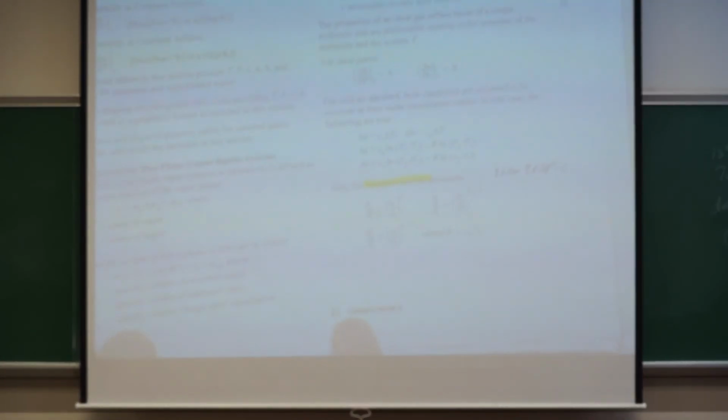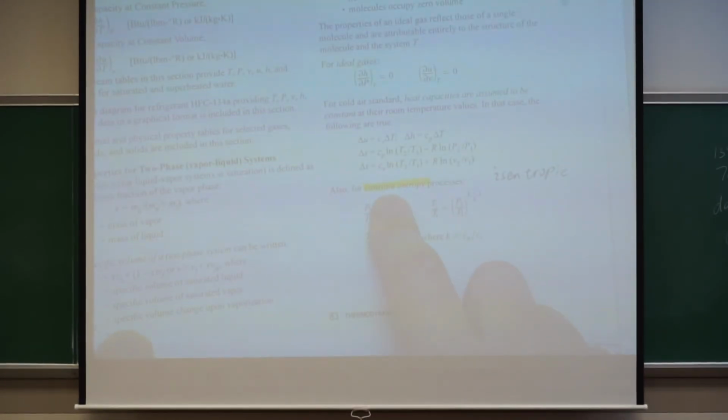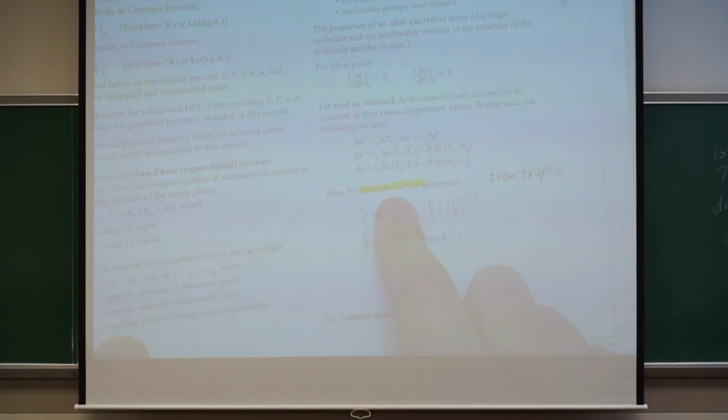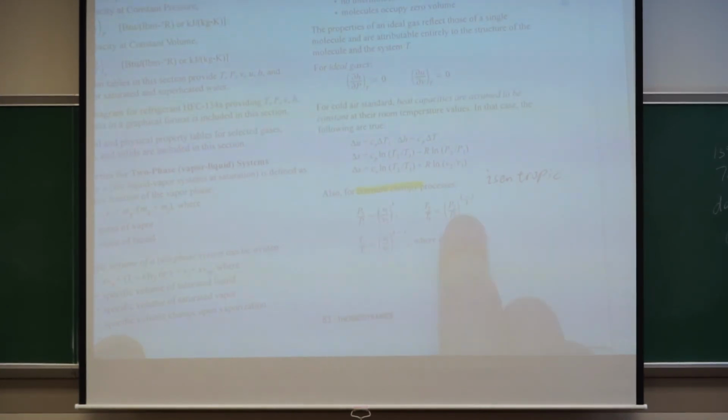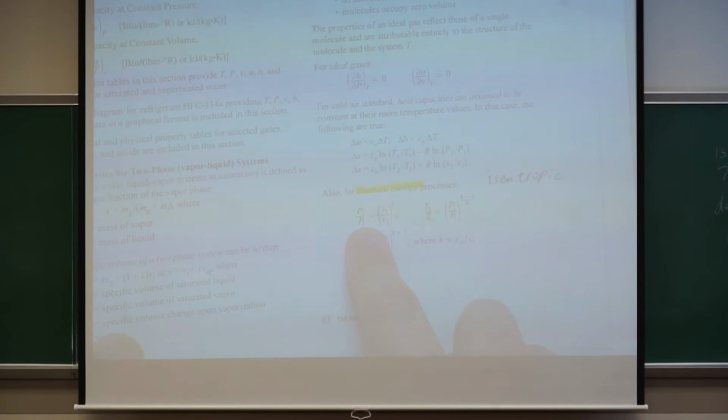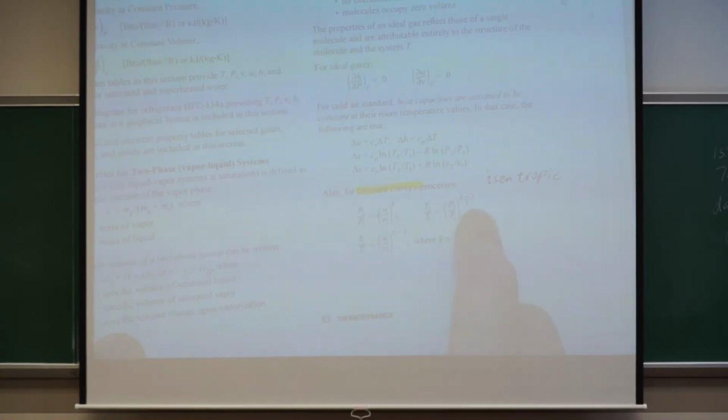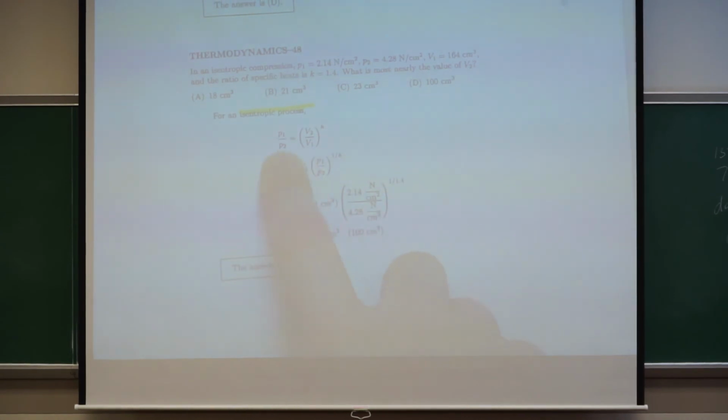Isentropic, basically constant entropy. And there, that's how you find the equation. We cover this in thermodynamics. So that's for the isentropic process. So you need to understand where you can go to find the equation.